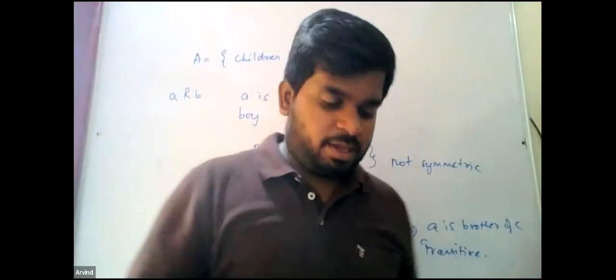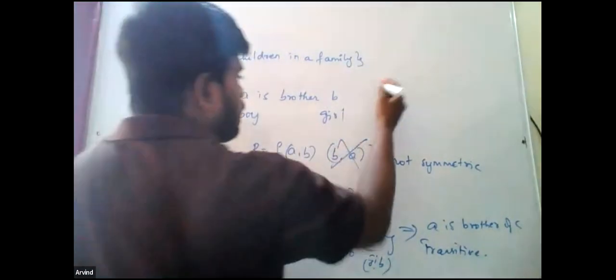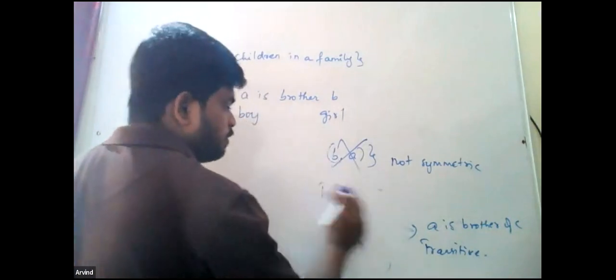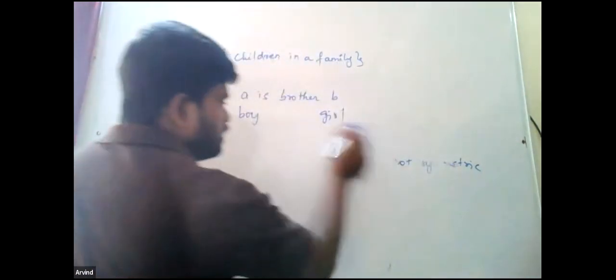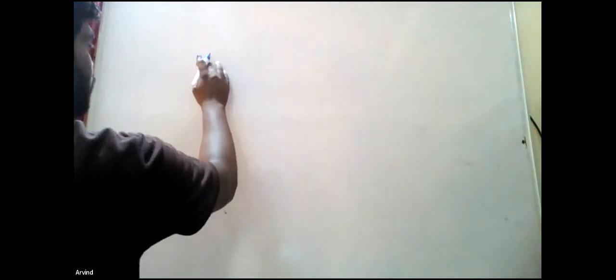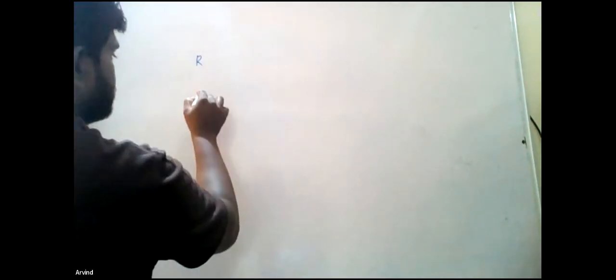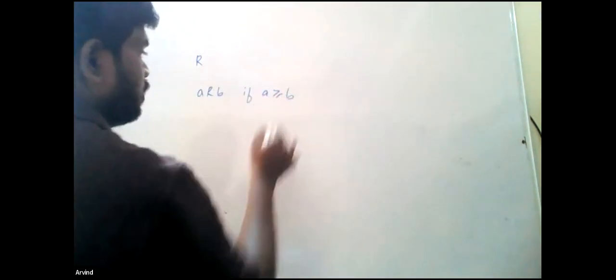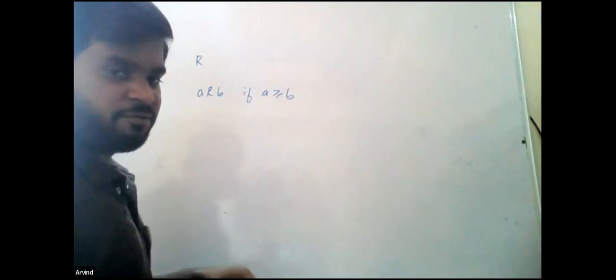So there is a set R, and R is the set of real numbers. There is a relation defined on R. What is the relation? A is related to B if A is greater than or equal to B. First, let's check reflexive.